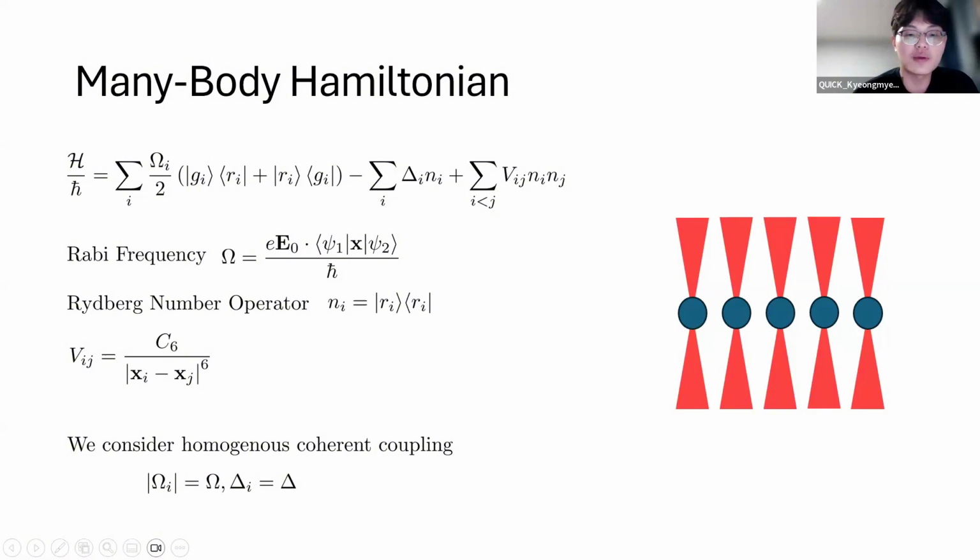Say both atoms at sites i and j are in Rydberg states, then this interaction term will survive and contribute to the Hamiltonian, which is energetically unfavorable. This shows that the Hamiltonian effectively reflects the blockade mechanism.